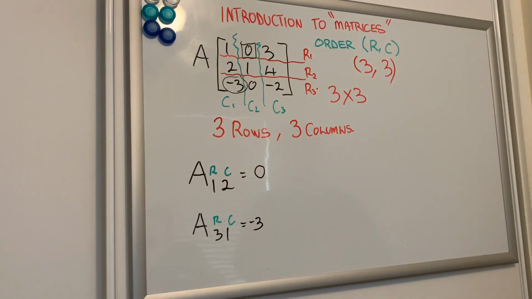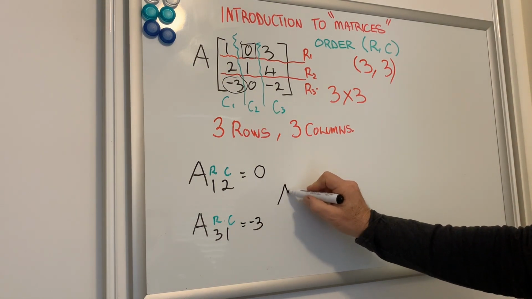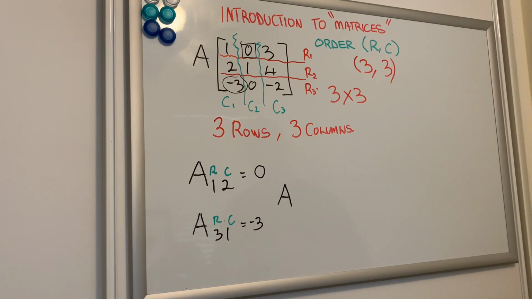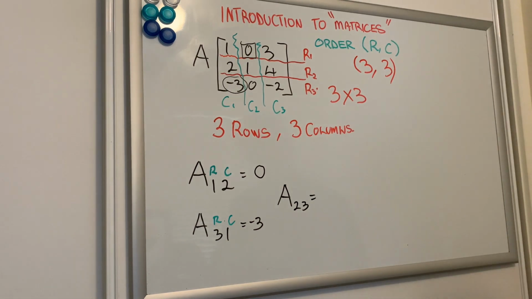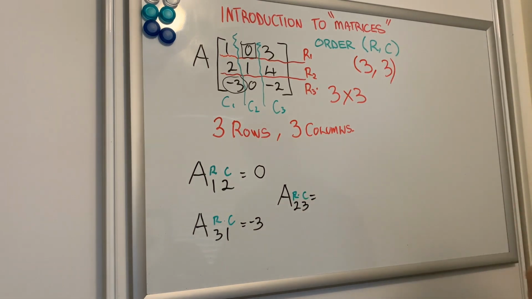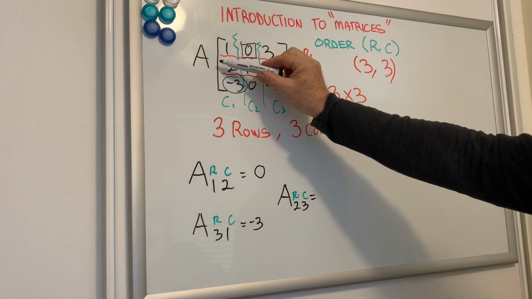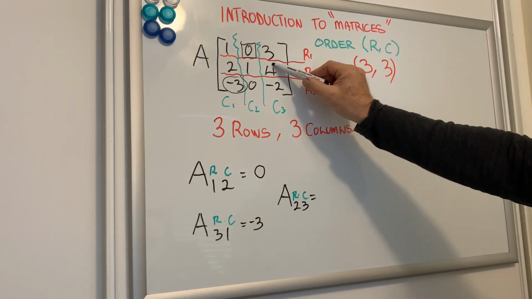Okay, we'll do one more. Let's say A, 2, 3. Again, row and column. So there's row 2, column 3. Column 3 is 4.